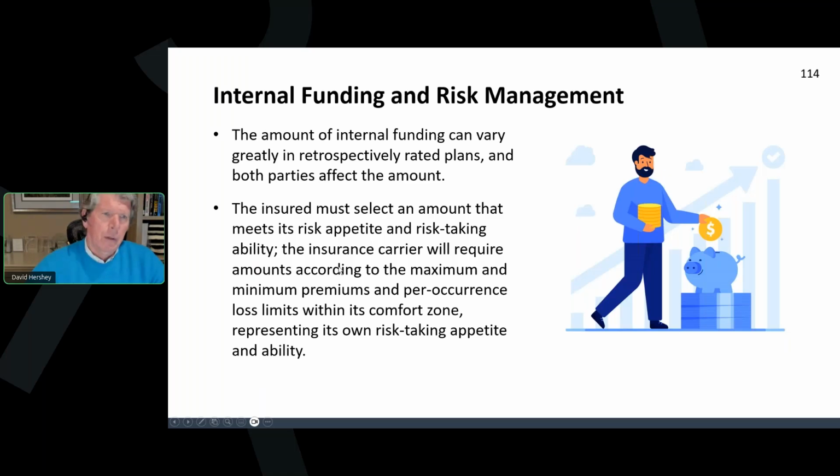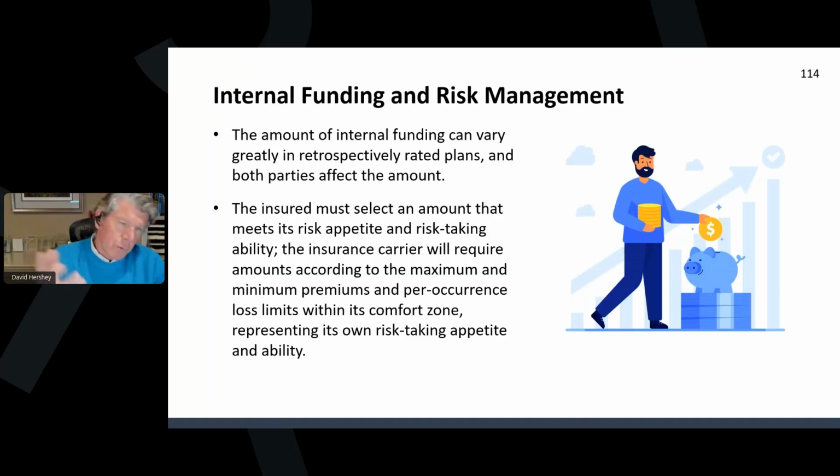We covered that. So internal funding: the insured must select an amount that meets the risk appetite and the risk-taking ability. The insurance carrier will require amounts according to the maximum and the minimum premiums and per occurrence loss limits within its comfort zone, representing its own risk-taking appetite and ability.